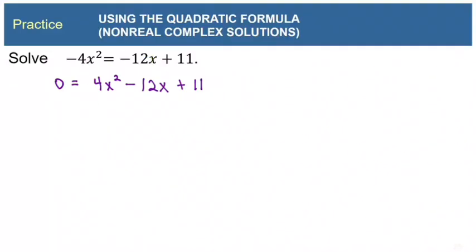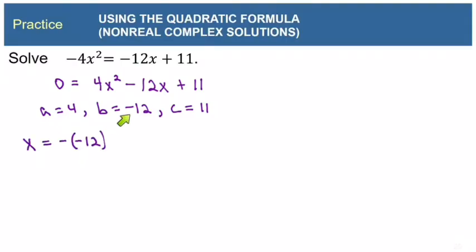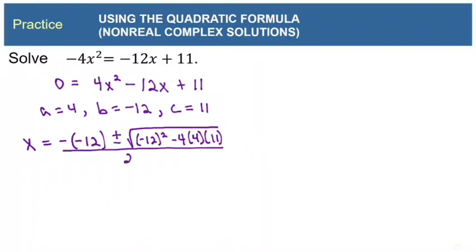So now I'm going to say that a equals 4 and b equals negative 12 and c equals 11. So now x equals negative b plus or minus the square root of b squared minus 4 times a times c all over 2a. Okay, now notice minus negative 12 is going to be 12.